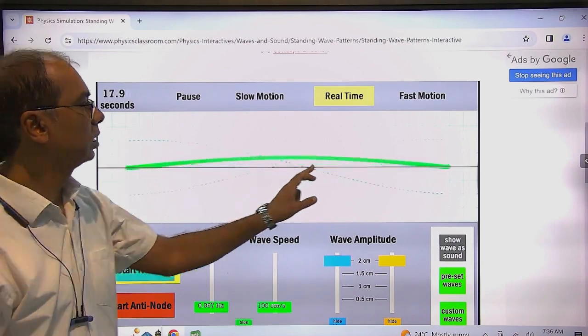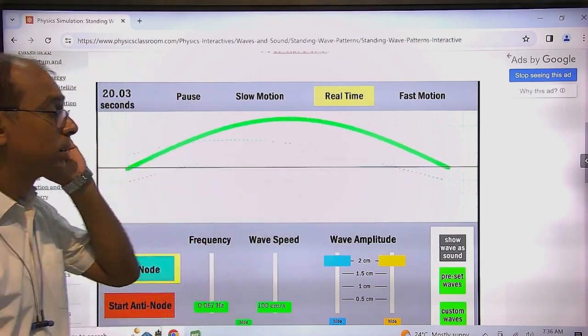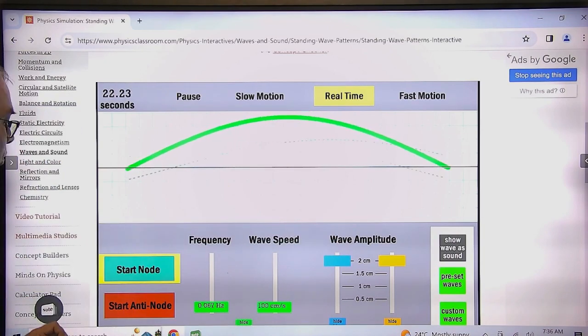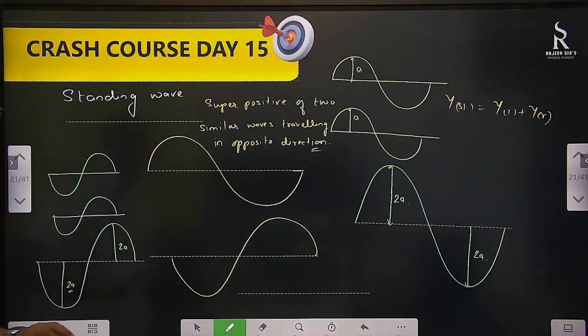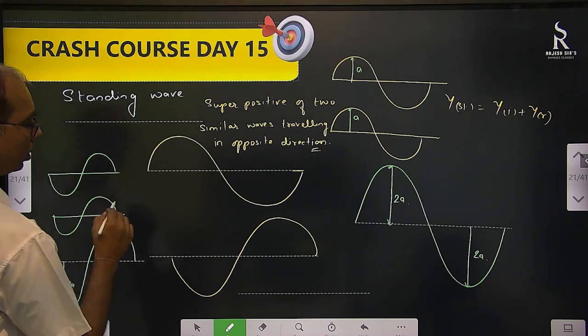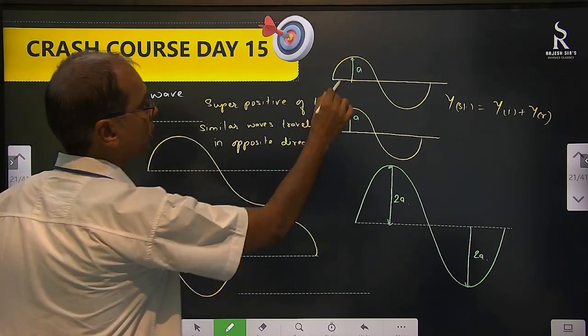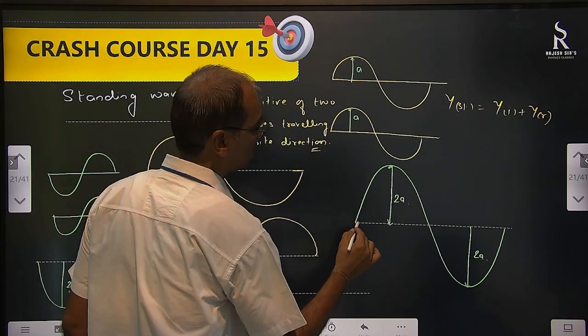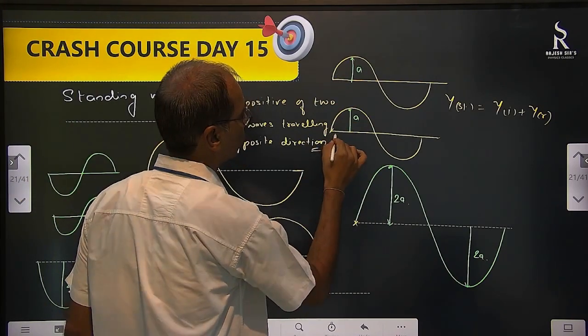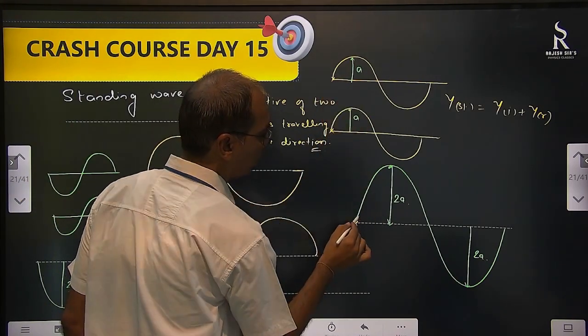These two points here have the same position. See, now these two are waves. So this point you see here will be at rest always.